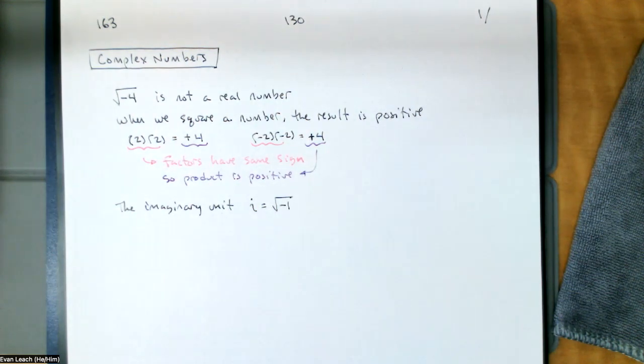We invent this number, i. We say i is the square root of -1. That is, i squared is equal to -1.